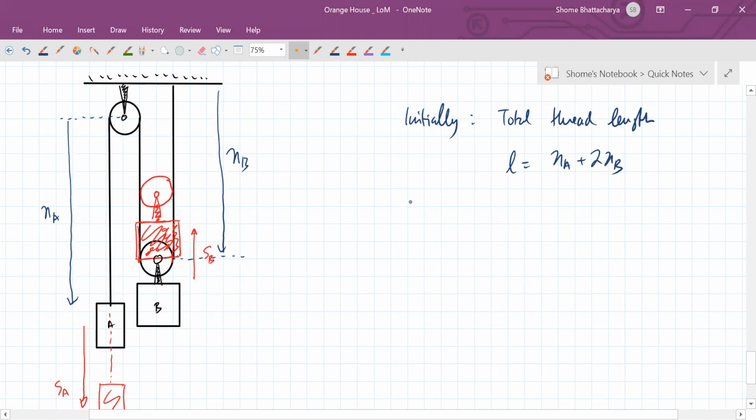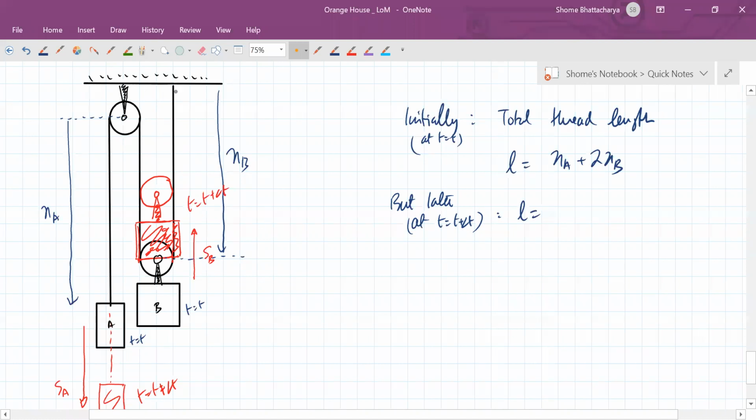But ये टाइम मेरा t plus delta t है, मेरा इनिशियल टाइम t था. But later, ये टाइम पे टोटल थ्रेड लेंथ कितना बन गया है.